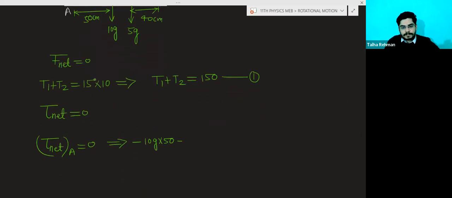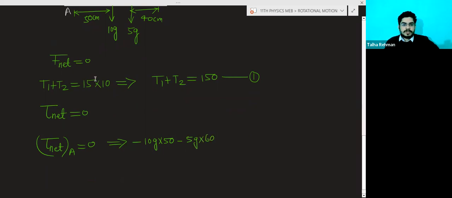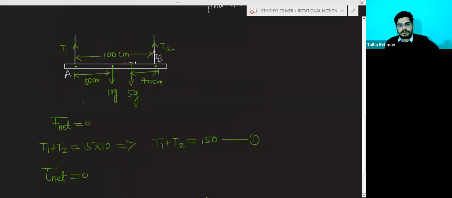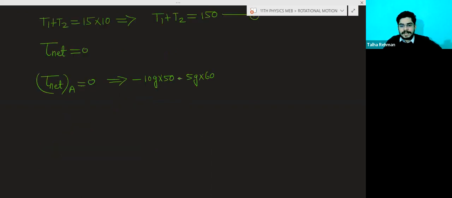Now due to this tension force, the torque about point A is T2 into 100, and this will be in anti-clockwise direction. Anti-clockwise torque we take positive, so plus T2 into 100, and this whole is equal to 0.